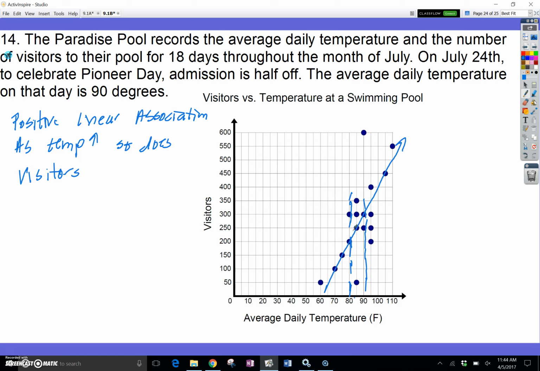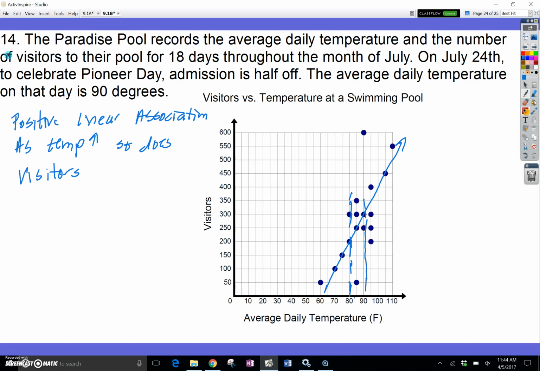So it says, it appears that many of the data point clusters are between 80 and 90 degrees and 200 and 300 visitors, which suggests that the pool regularly has between 200 and 300 people that typically visit at that temperature range.